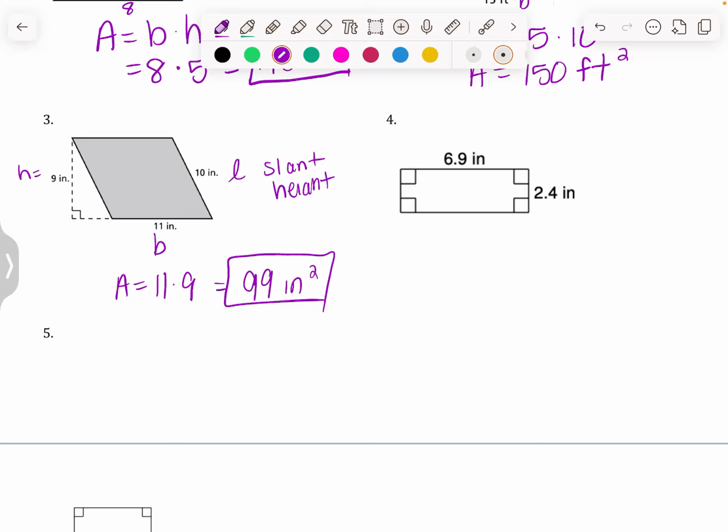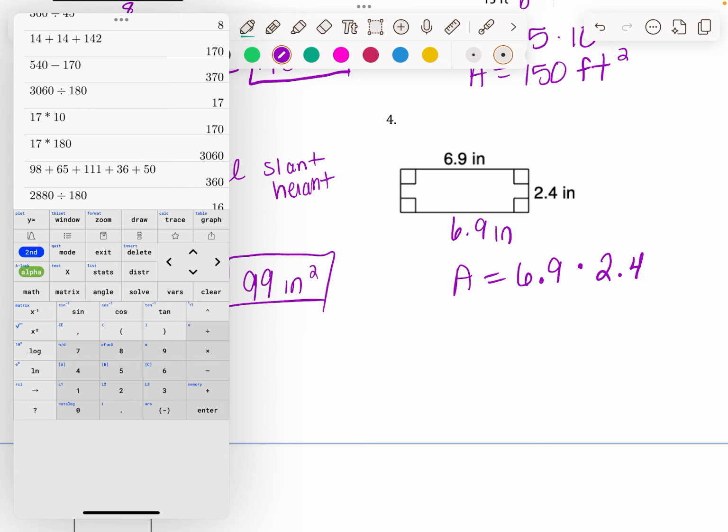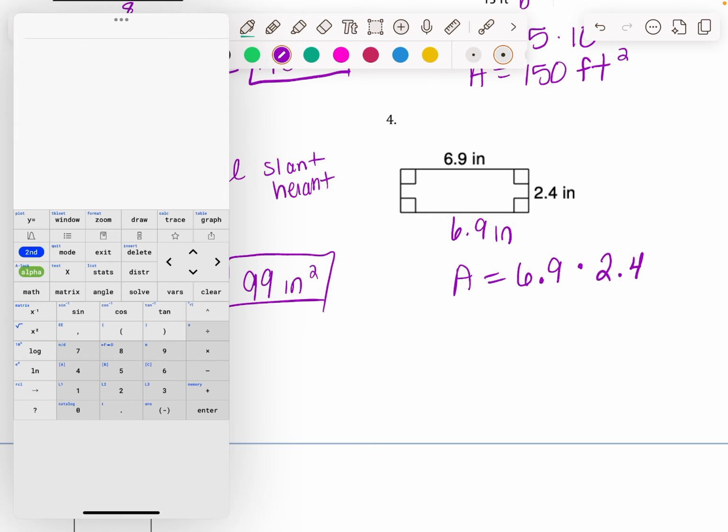All right, in this one, we have opposite sides are congruent, so you know that if the top is 6.9 inches, the bottom is 6.9 inches. And so if you want the area of this shape, which would be a rectangle, you're going to take 6.9 times 2.4. So 6.9 times 2.4, you can ignore the decimals when you multiply or use a calculator to do it.